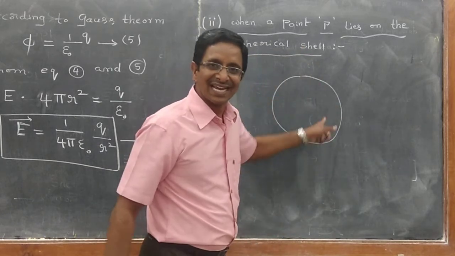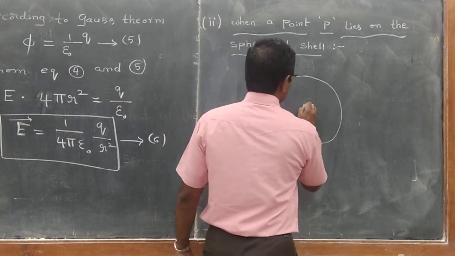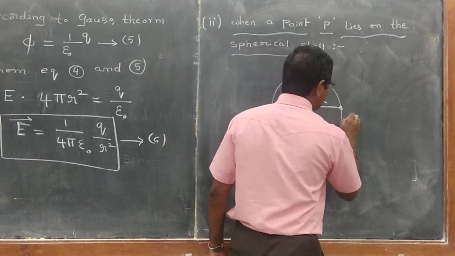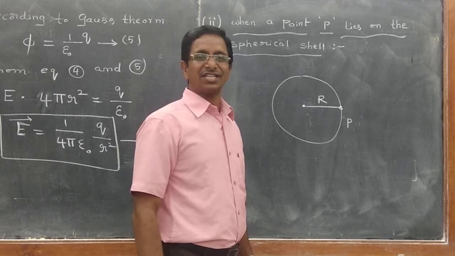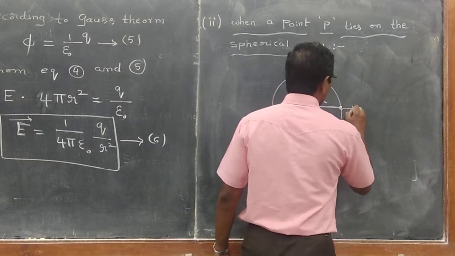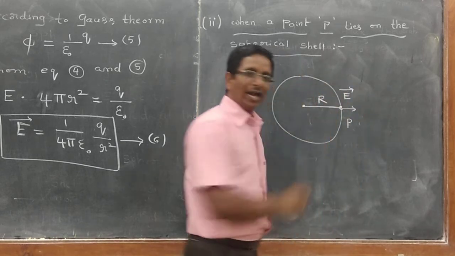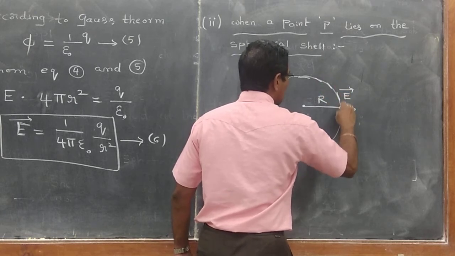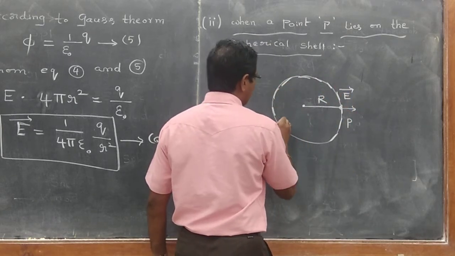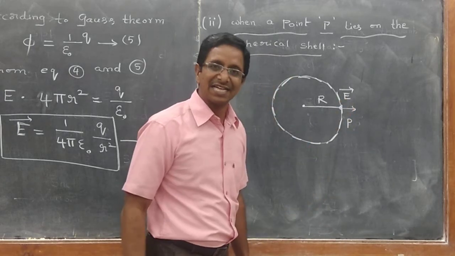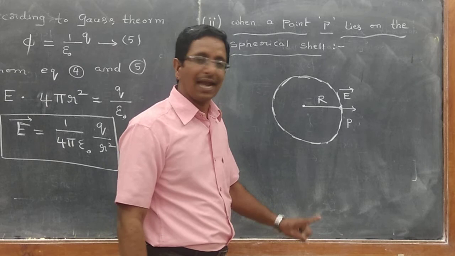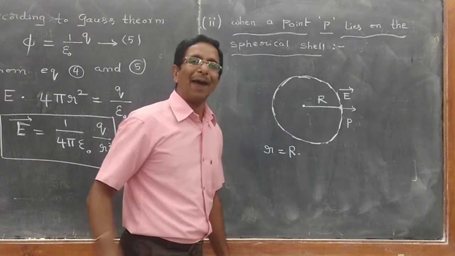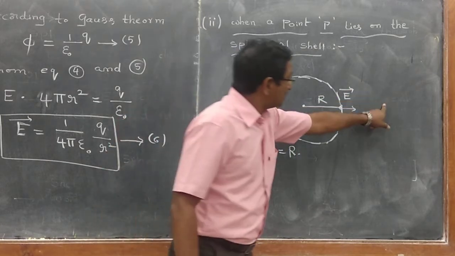Consider it is a spherical shell with radius capital R. Point P is on the spherical shell. Our aim is to find the electric field at point P. Now, I draw a Gaussian surface on the spherical shell. What happened is small r is equal to capital R.